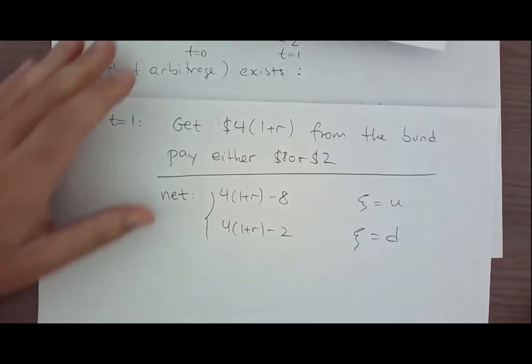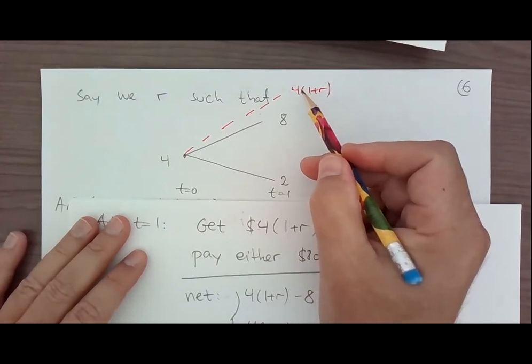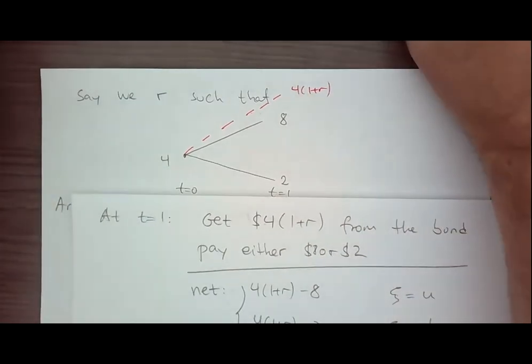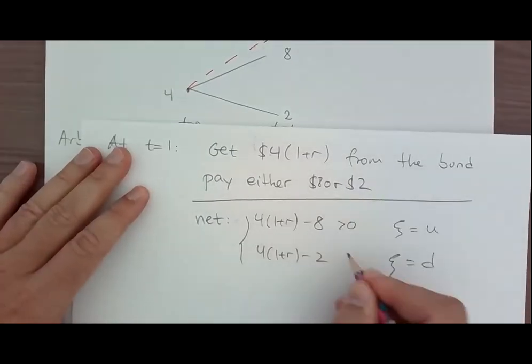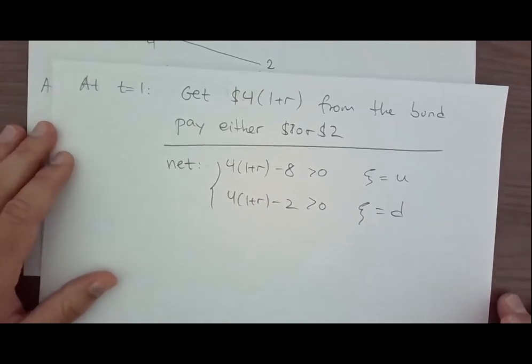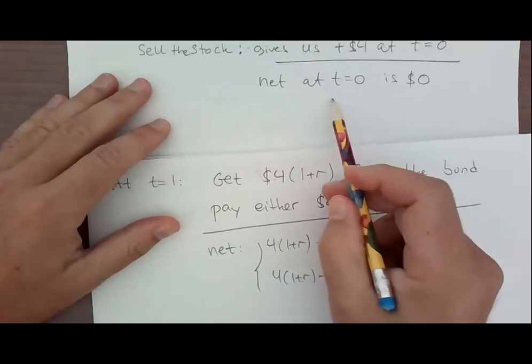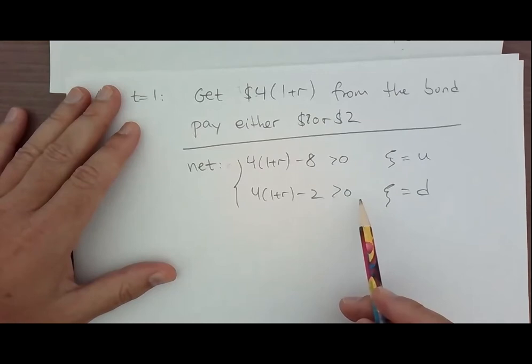And if you look at the picture, the red line is big and it does dominate. So in both cases here, we're ending up with something positive, right? So we pay nothing at time 0, and we get money.